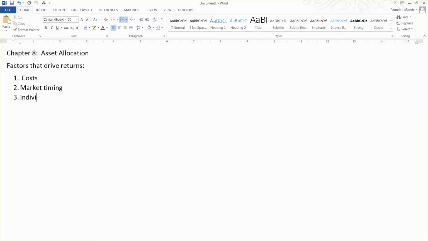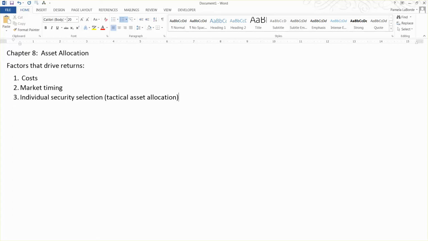Another factor is individual security selection. They don't actually call it this in the book, but you'll hear it called tactical asset allocation in certain circles. So, specifically, which stocks do you choose to invest in? Which bonds do you buy? And I don't mean by asset class.